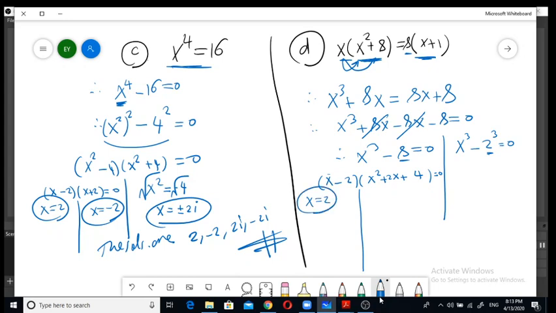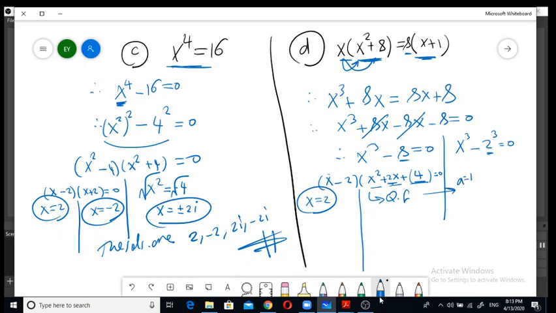And here we have a quadratic trinomial. We need two numbers multiplied to 4 but added to 2. We don't have in real numbers two numbers multiplied to 4 but added to 2. Then we are going to use the quadratic formula.